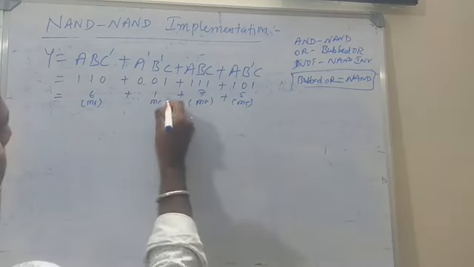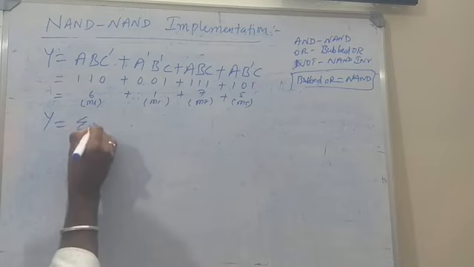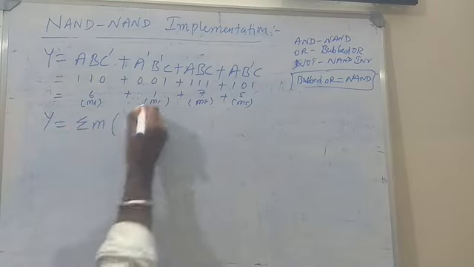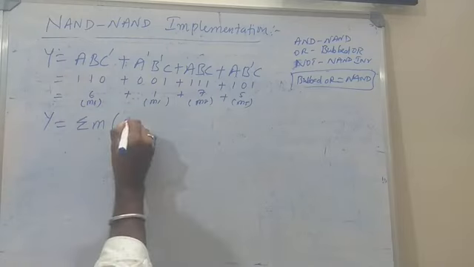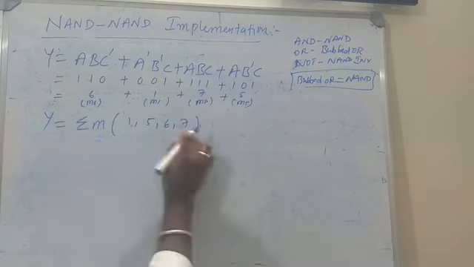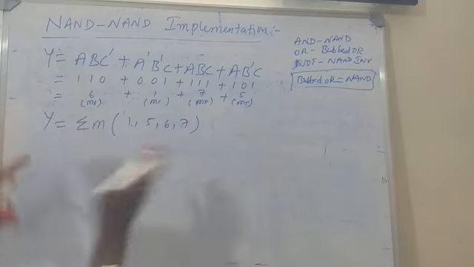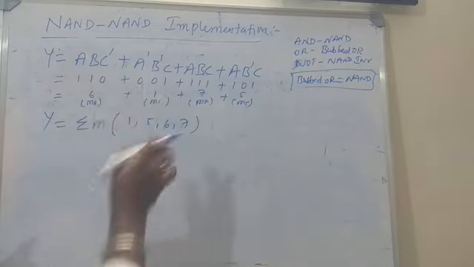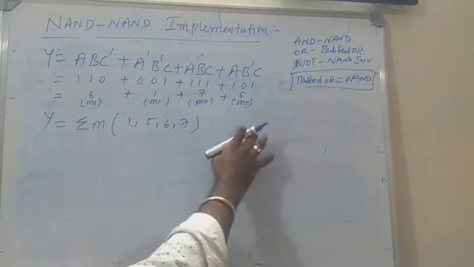So the summation M of, in order, 1, 5, 6, 7. This is the min term form of the following logical equation. Sometimes they will ask how to convert to min terms. Of course, this is the basic way of converting min terms.